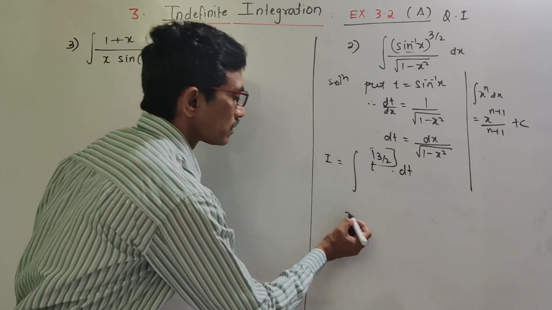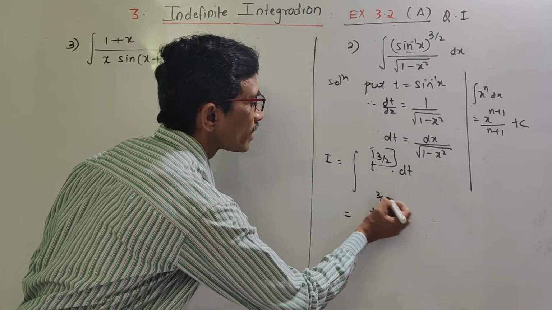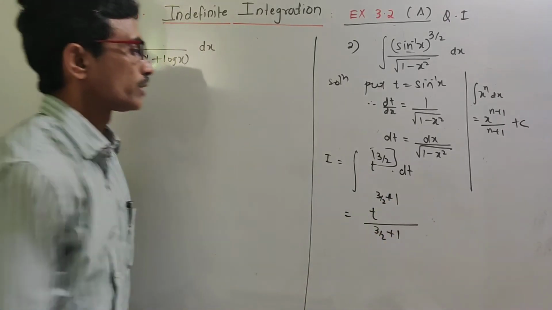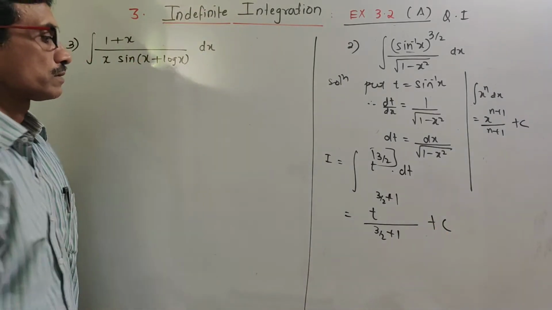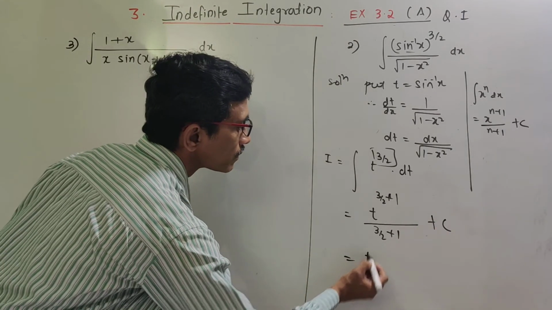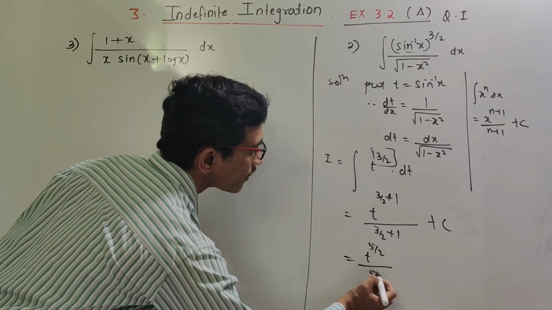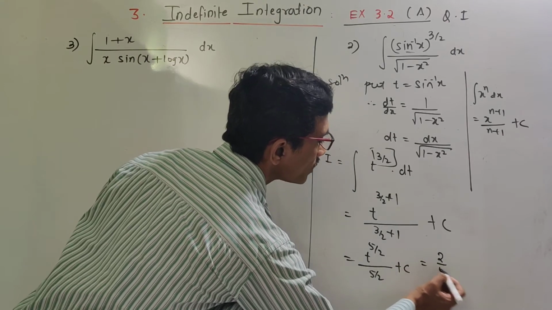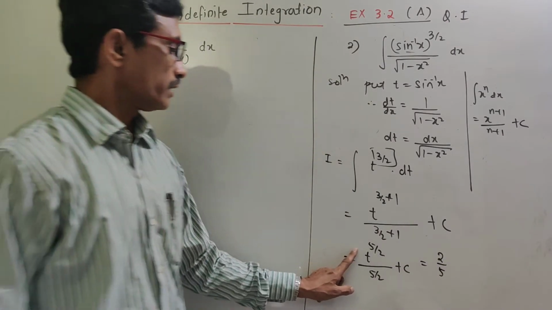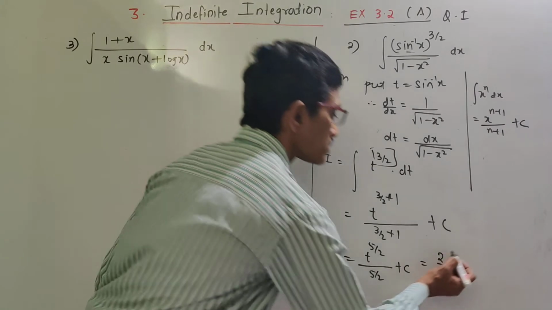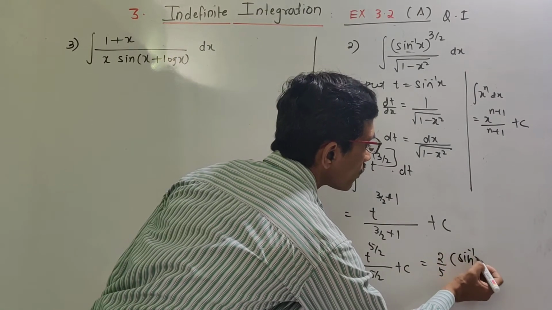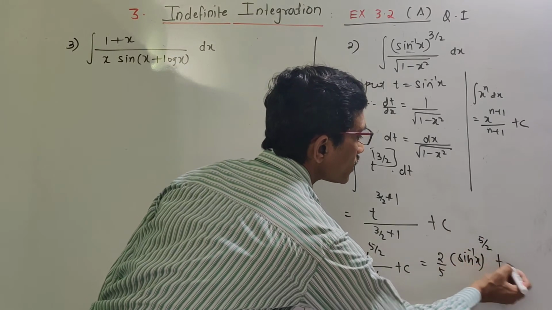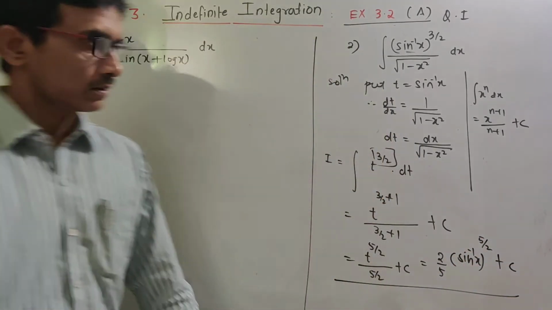So this is t raised to power 3 by 2 plus 1 upon 3 by 2 plus 1 plus c, which is t raised to power 5 by 2 upon 5 by 2 plus c, that will be 2 by 5. And t is equal to sine inverse of x, so sine inverse of x, whole raised to power 5 by 2 plus c will be our answer.